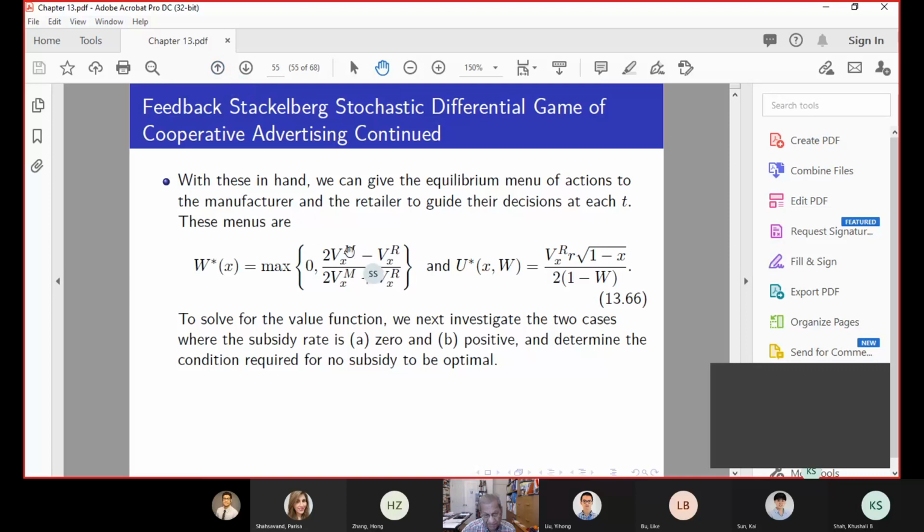It comes from here. If this is less than that, then this quantity will be negative, because all of these are positive. Since we already know Vx and Vr, we can find this condition a priori. So that's what's going on here, which is interesting.